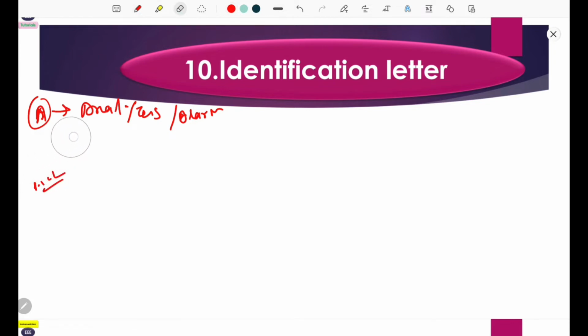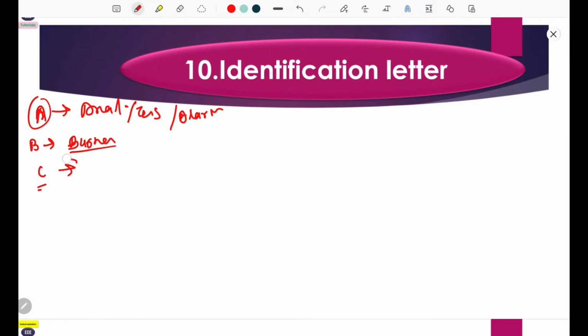These are the meanings of A. Now the second letter is B. Generally B is not used, but if it is written, the meaning of B is burner, it may have burner identifications.